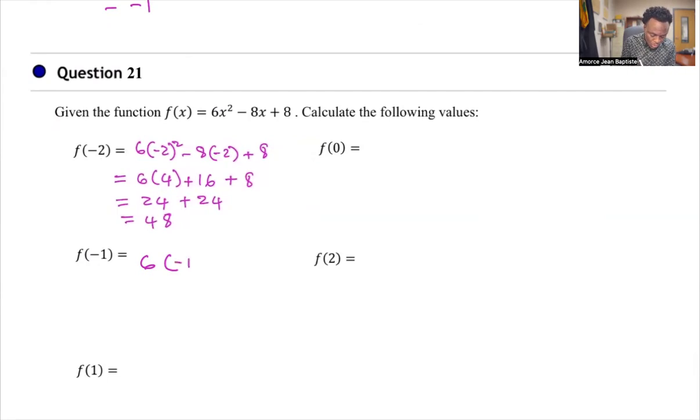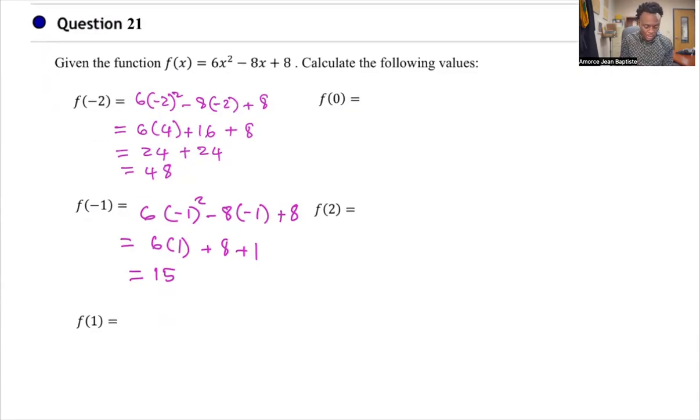6 times negative 1 squared minus 8 times negative 1 plus 8. That's 6 times 1, 6, plus 8 plus 1, that's 6 plus 9, 15.